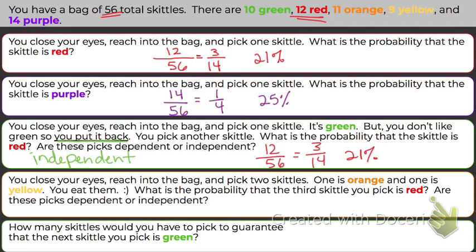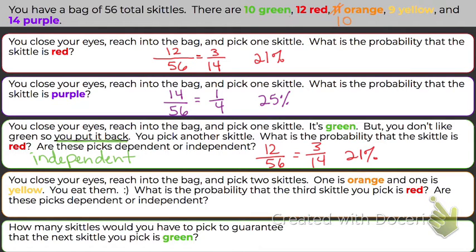But if we look at the next one, it says you close your eyes, reach into the bag, you pick 2 Skittles. One is orange and one is yellow, and you eat them. And now you want to know the probability of picking a red. So in this case, if you pick those 2 Skittles, an orange and a yellow, you don't replace them. So how many orange do we have? We have 10.